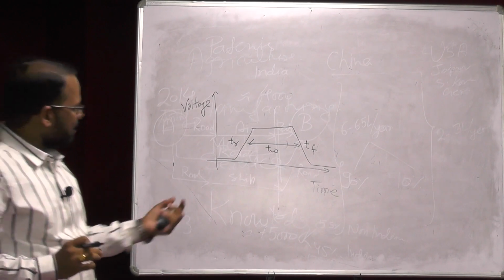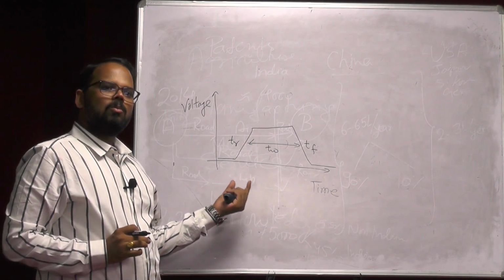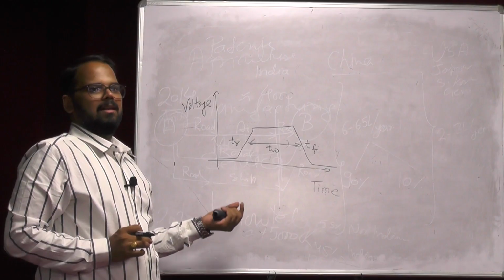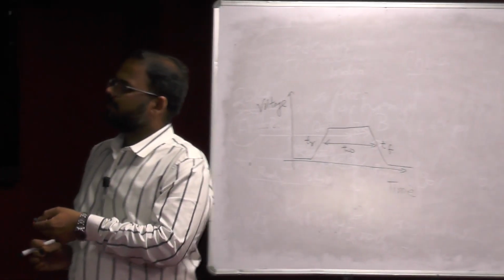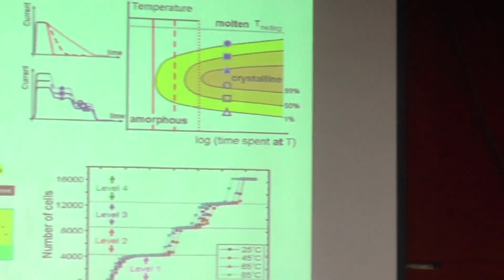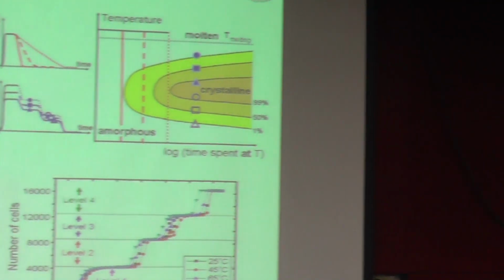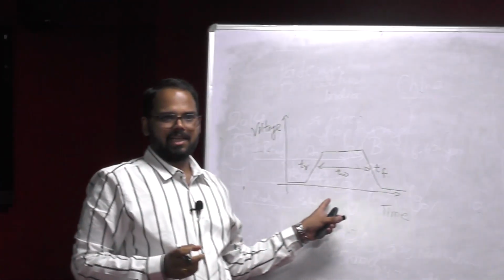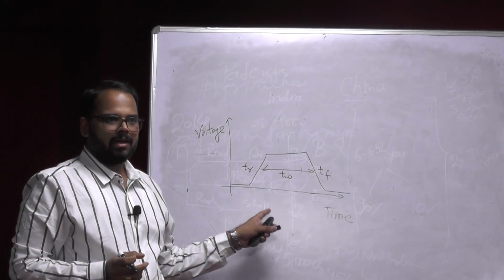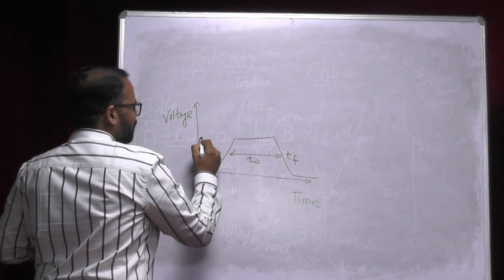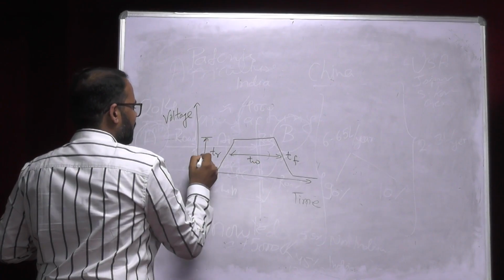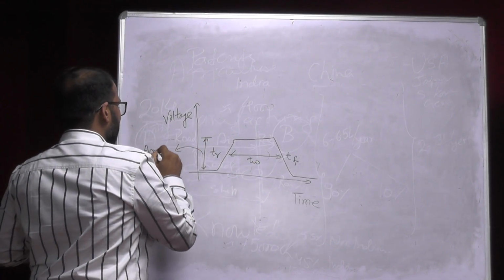Correct? And when you program any memory cell, this kind of memory cell which we can see here, using an appropriate pulse generator, you should provide a voltage like this, and have control over these pulse parameters along with amplitude.